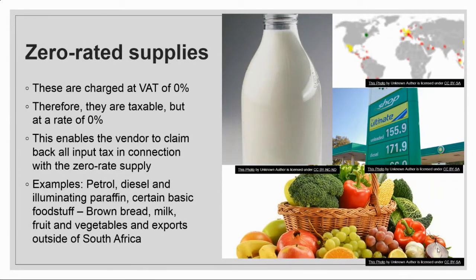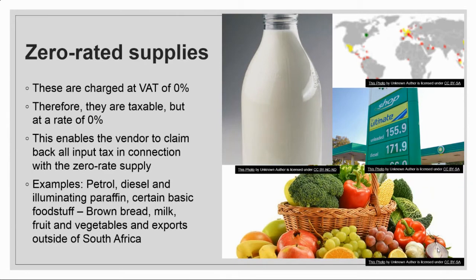And then any exports to countries outside of South Africa will be zero rated if it meets the requirements. So that means the goods will be delivered outside of South Africa, and the invoice is then zero rated. So you have a proper tax invoice and then you state that it's zero rated because the goods are delivered outside of the country.